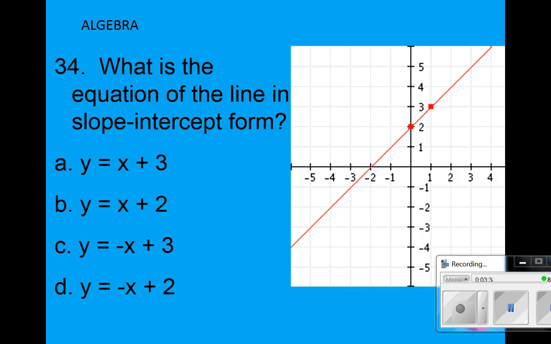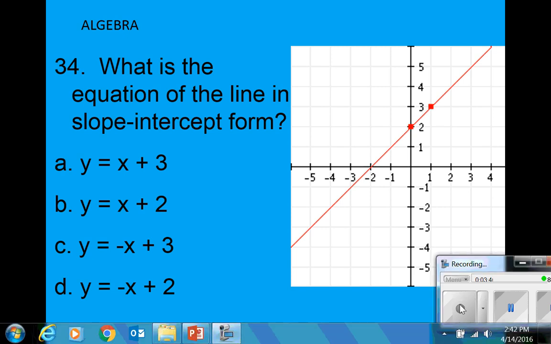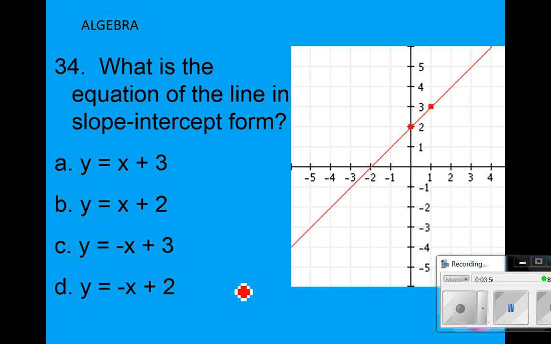Question 34. What is the equation of the line in slope-intercept form? Your answer for this one is going to be B, letter B. And it's because we have to look at the m and the b for our graph. The first thing I do is eliminate answer choices. The first thing I notice when I look at this graph is the m is positive.